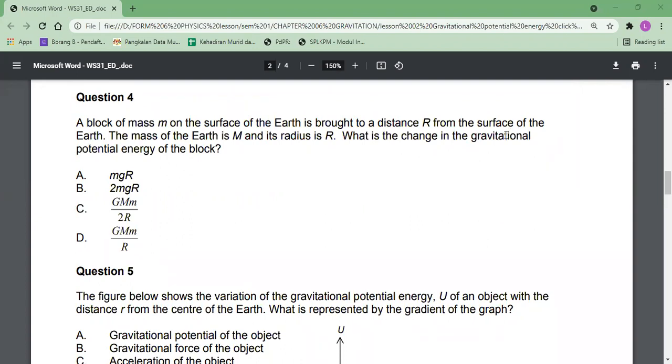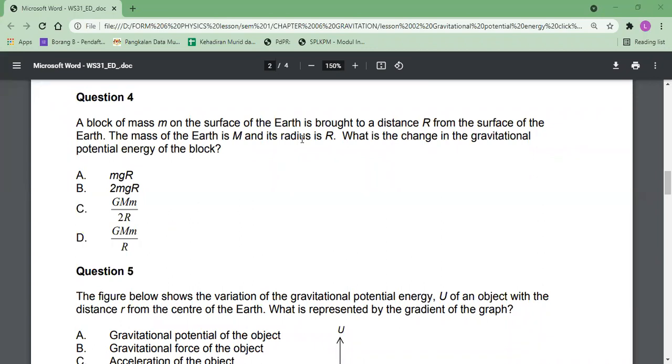They didn't say that r is r here, but the mass of the Earth is M and its radius is R. So now r is the radius of the Earth.